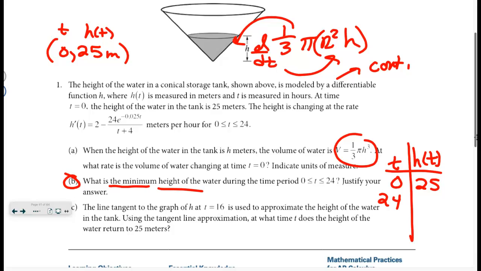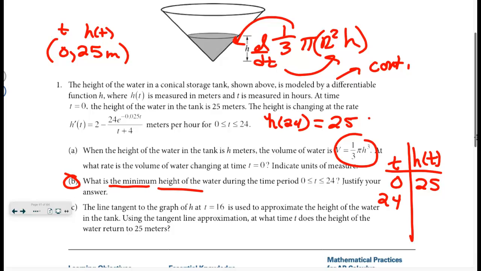So if I wanted to know how much water there was at the end, here's how I get my H of 24, correct? Are you good? I would say it's got to equal 25, the amount there, right?